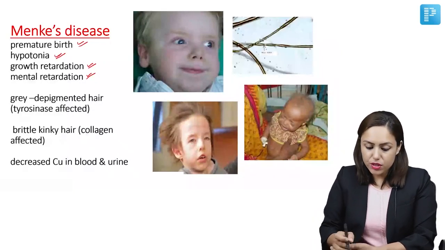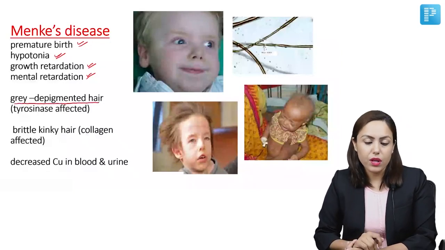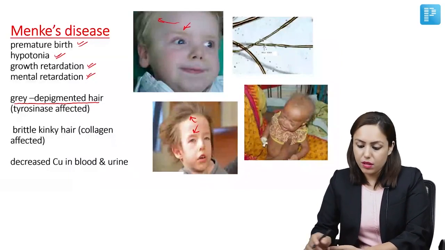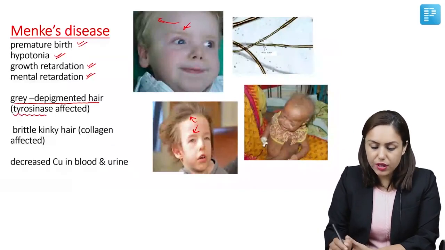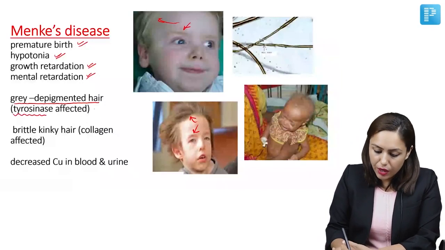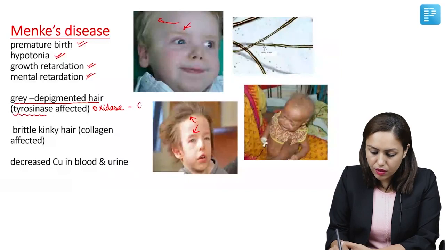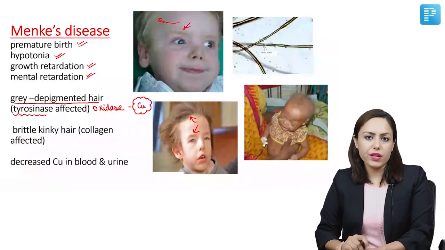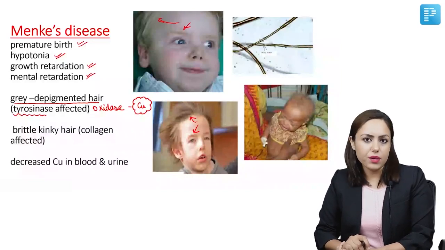And these patients can be easily recognized by grey depigmented hair. You can see in all these pictures depigmented hair, right? And why this depigmented hair? Because the enzyme tyrosinase is affected. The enzyme tyrosinase is an oxidase, and any oxidase requires copper. So because copper deficiency is there in Menkes disease, this enzyme won't be working properly, and this enzyme is responsible for making the pigment melanin, right?